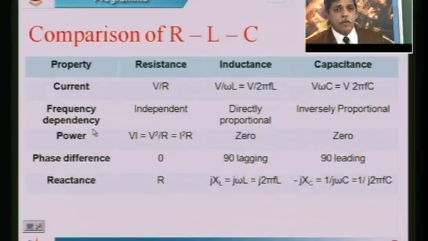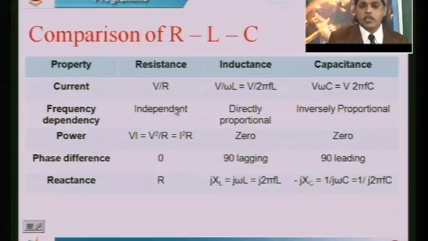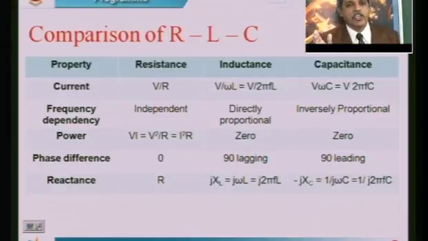Now, frequency dependency. In the case of resistance, because the resistance is a pure constant and the voltage-current relationship for the resistor is linear, that is, for any variations in the voltage, the current also follows the same variation, we say the frequency dependence between voltage and current is not there, whereas in the case of inductance it is directly proportional.